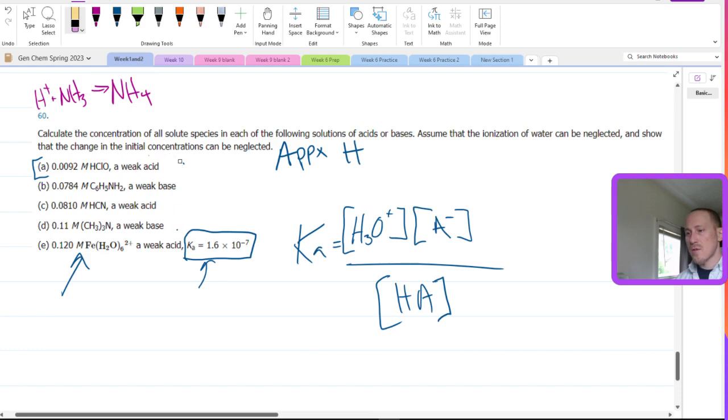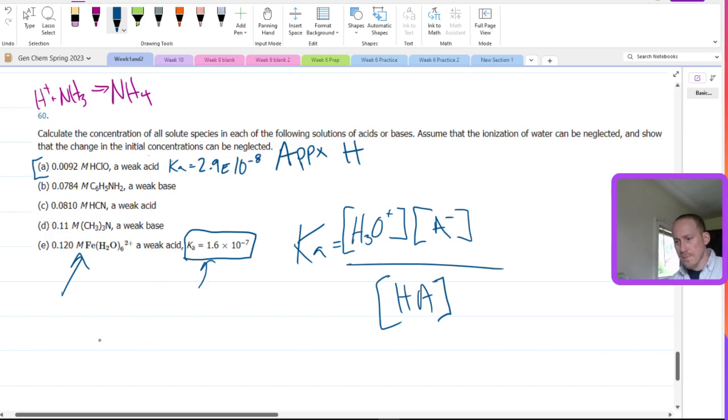So I'm going to just do this first one, and then I'll leave it up to you to do the rest if you want. So I look in Appendix H, and the Ka of this hypochlorous acid is 2.9 times 10 to the minus 8.